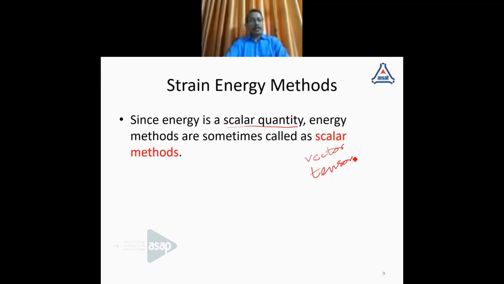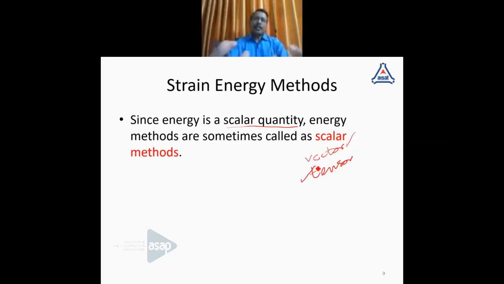So when you are using vectors in certain calculations, certain equations, you know what are the complications involved. And instead, if you are using tensors, again, for certain people, the tensors will be easy because it is easy for computation.